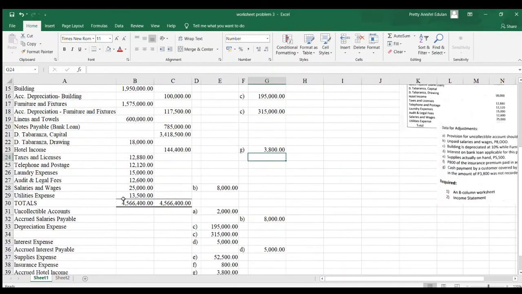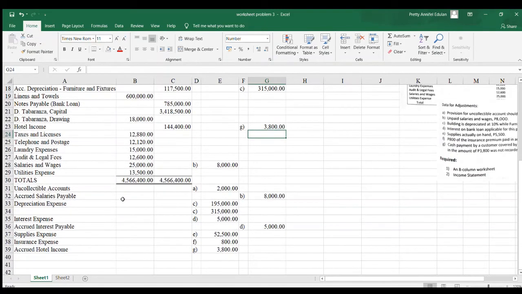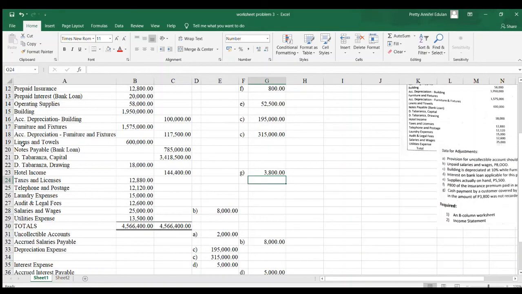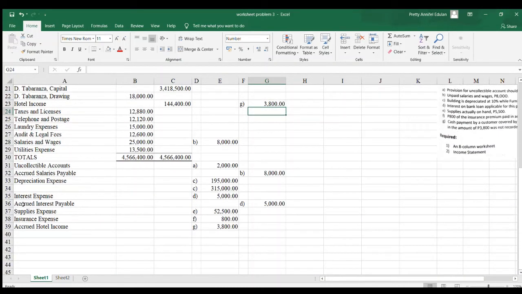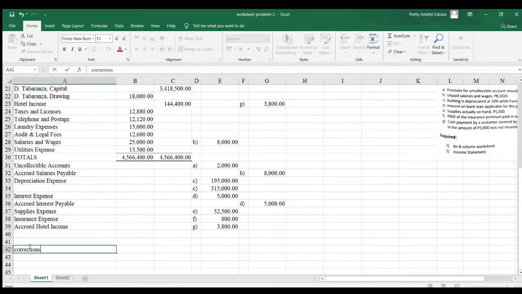So actually class, I think we have a correction in our adjusting journal entry. So let me make the necessary corrections here. We have the prepaid interest on the bank loan. Instead of accrued interest payable, this will be the correction.